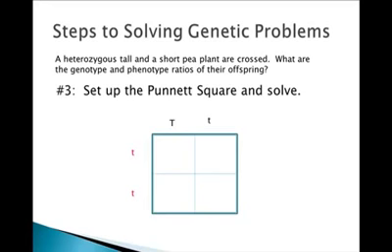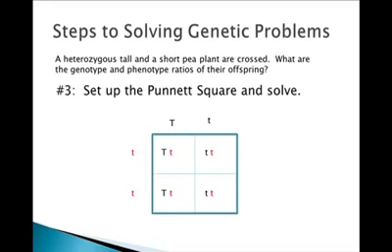And then what you do is you bring the parts down from each column heading. So we put the big T in the 2 boxes on the left and the little t in the 2 boxes on the right. And then we bring the row headings across. So we bring that little t across and that little t across. Okay, so that's your Punnett square.